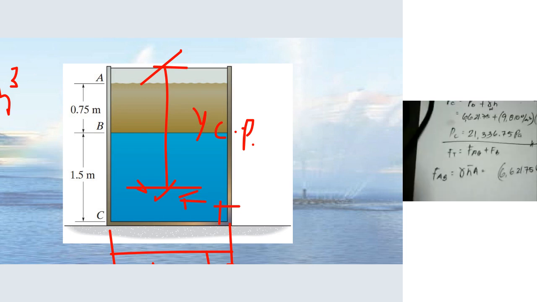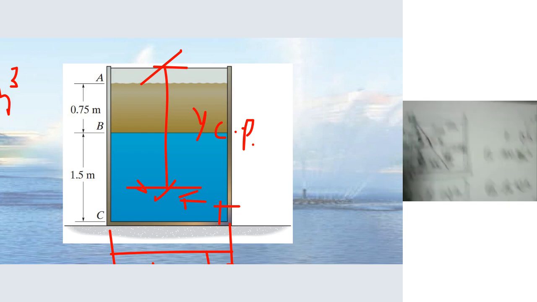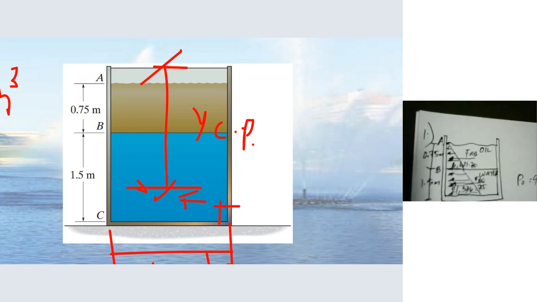But ano ba yung H bar? H bar is yung height or yung distance from the top papunta dun sa center of gravity ni surface. So, ibig sabihin, rectangular to, ang kalahati ng 0.75 is what? 0.375.